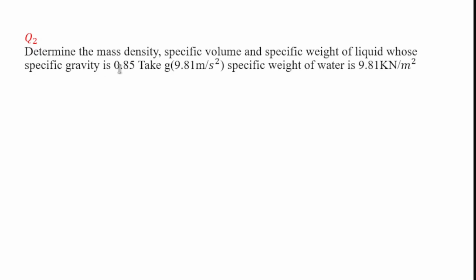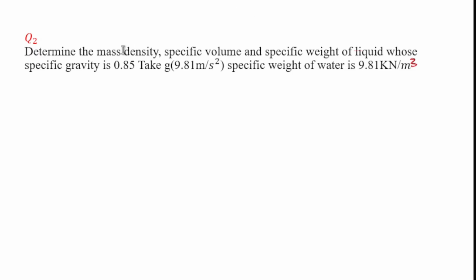So we are given the specific gravity, the acceleration due to gravity to be 9.81, and the specific weight of water to be 9.81 kilonewton per meter cube. Sorry, this is cube, not square. So correct that.